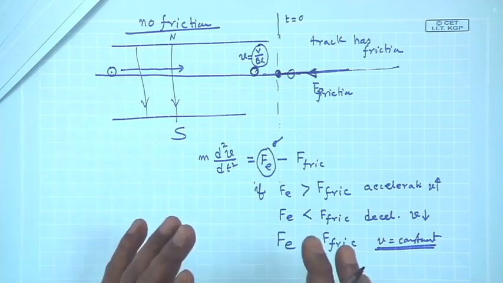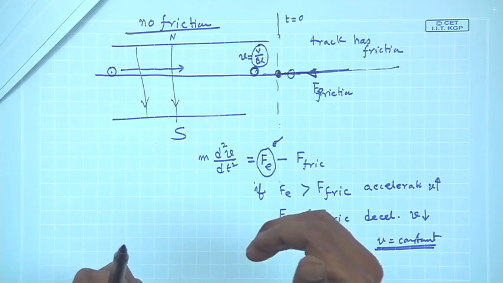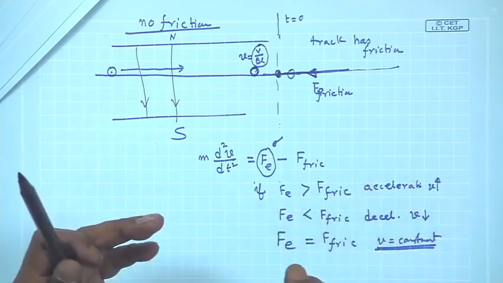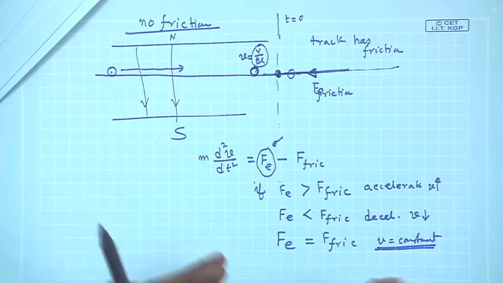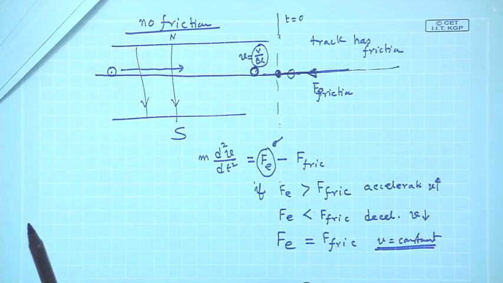You do not have to worry: the machine will slow down, it will invite more current, F_E develops. How long will it continue? Till F_E becomes equal to F friction, because current will be increasing.